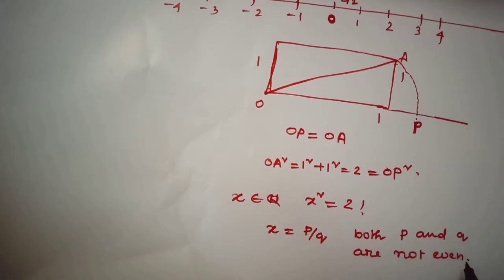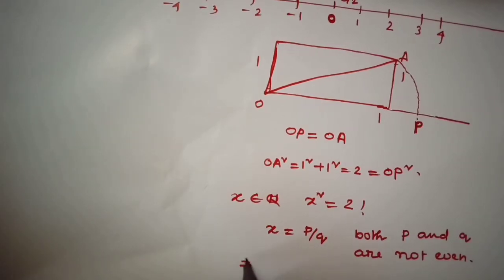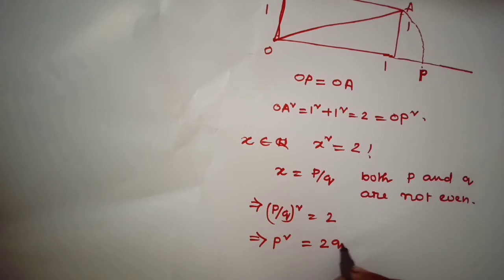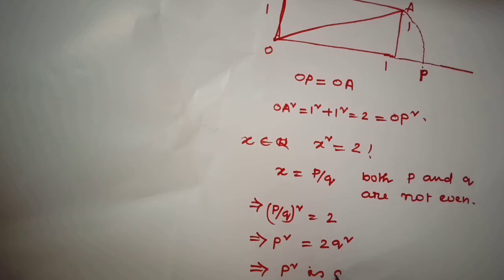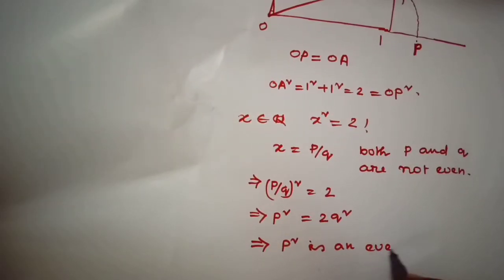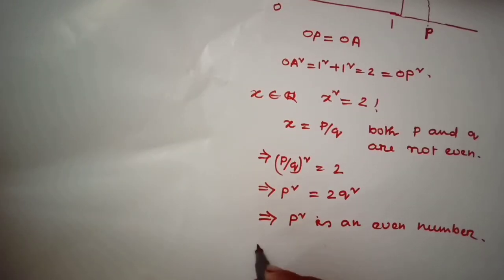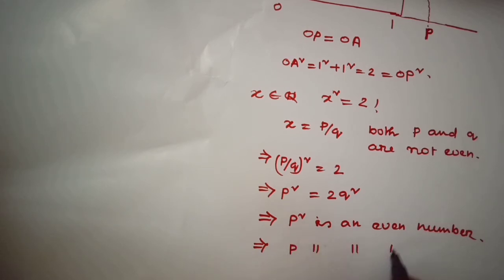Then what does this imply? P over Q whole square equals 2. Then P square equals 2Q square. That implies P square is an even number. If P square is even, we know P is also an even number.